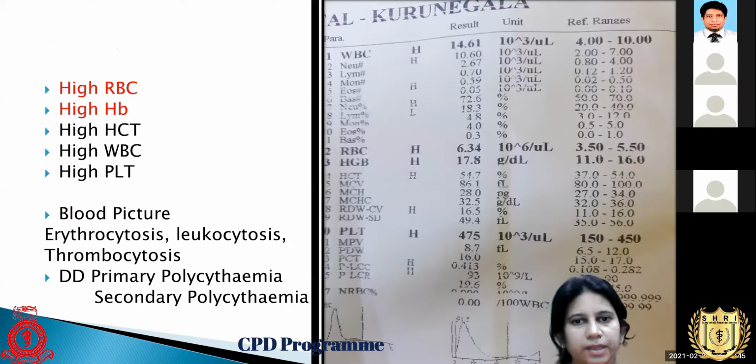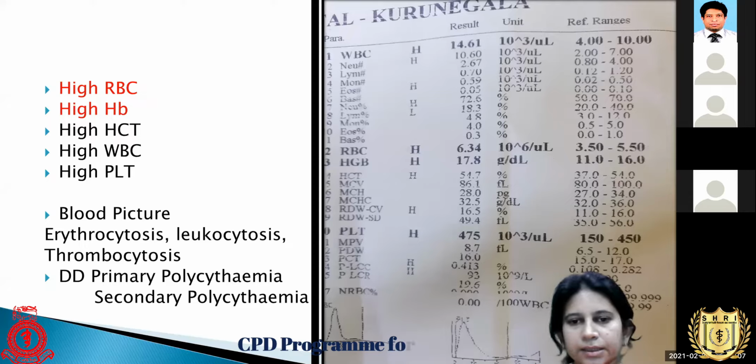So this is the full blood count. WBC high, 14,610. Neutrophil high, there's neutrophil leukocytosis. The rest of the differential parameters normal. RBC high, 6.34. Hemoglobin 17.8, which is very high.